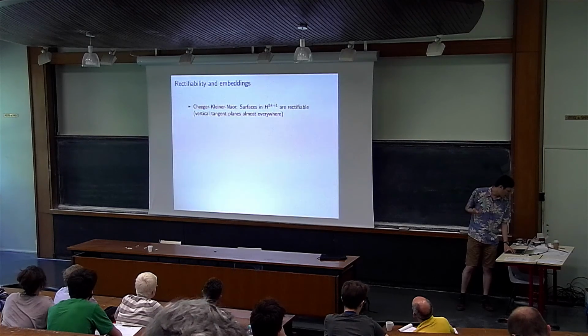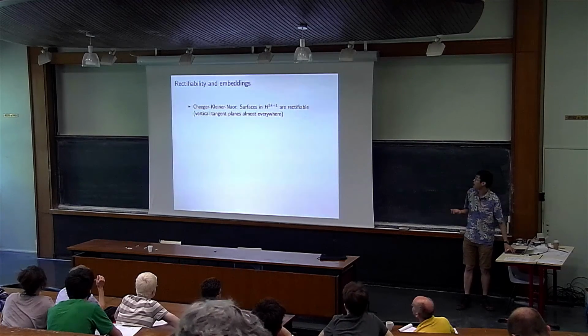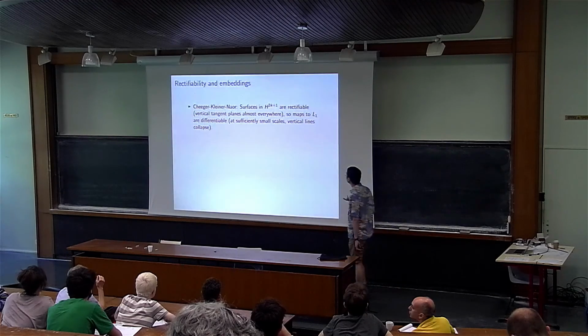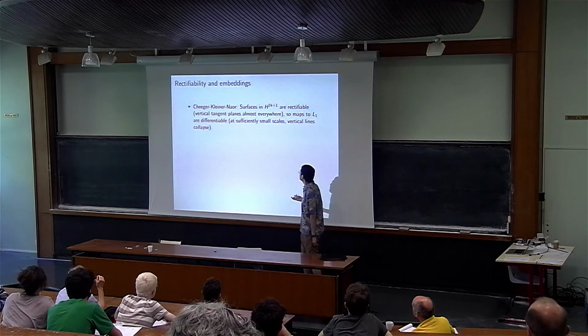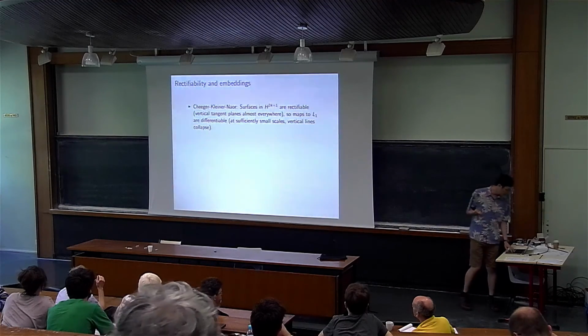They showed that surfaces in the Heisenberg group are rectifiable, which is to say they have vertical tangent planes almost everywhere, and then they used that to prove a sort of differentiability result for maps to L1: at sufficiently small scales, a map to L1 is going to be close to a map that's constant on vertical lines.